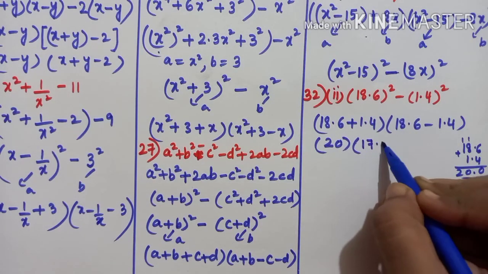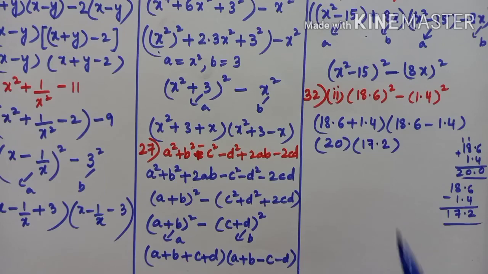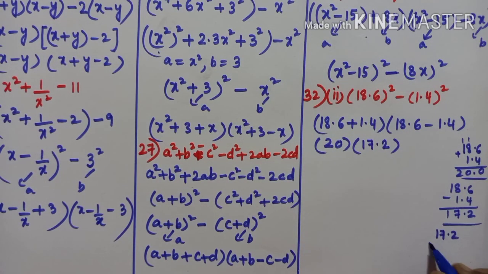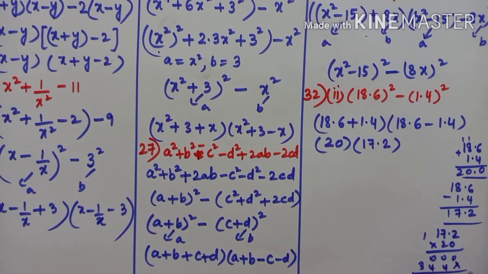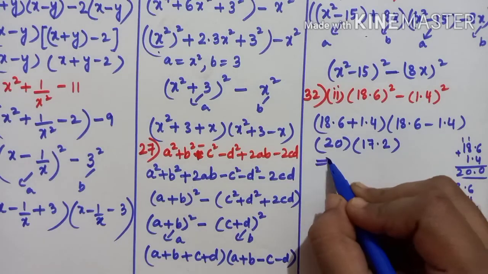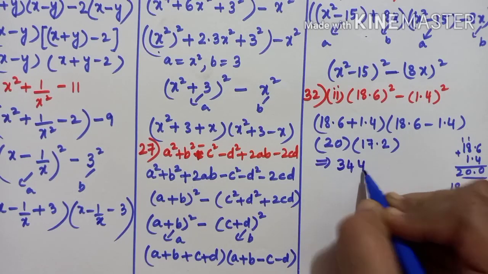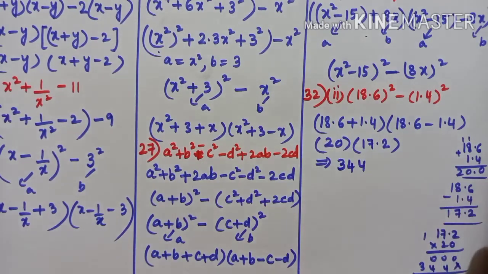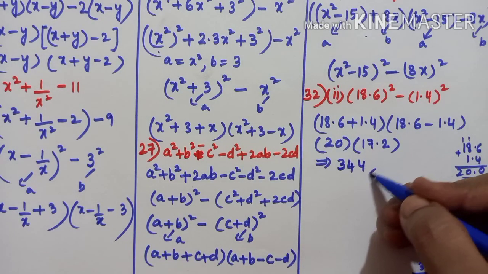So this is nothing but 17.2. Now 20 into 17.2: 0, 0, 0; 2 2s are 4; 2 7s are 14; 2 1s are 2, 3. So you will get 344. The point 0 after the point you will not consider.